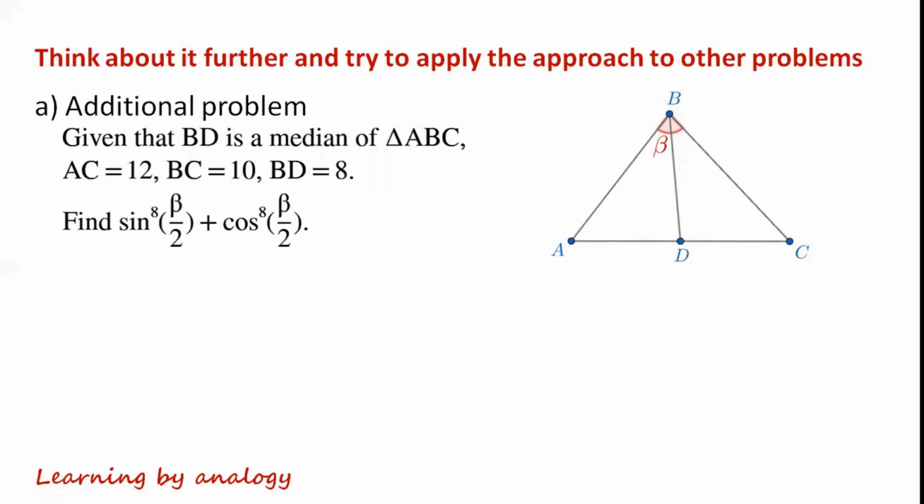Given that BD is a median of triangle ABC, AC equals 12, BC equals 10, BD equals 8. Find sine to the power of 8 beta over 2 plus cosine to the power of 8 beta over 2.